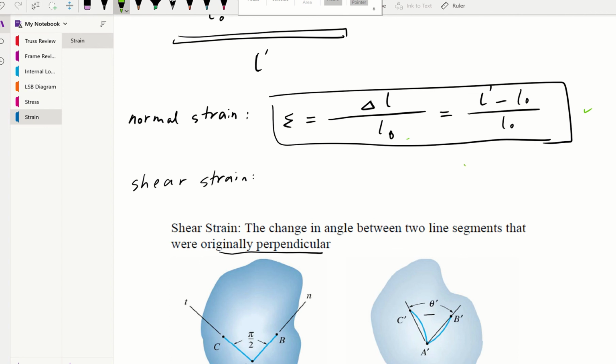What's the unit for the normal strain? The change in length we give in, let's say, millimeters, and the original length in millimeters. What do we have? No unit, or unitless. So you realize epsilon, the strain, is unitless.